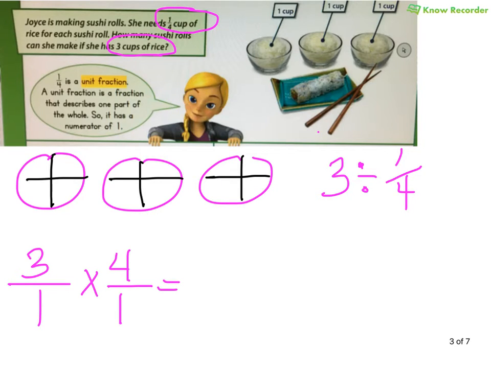So if I have 3 cups, and in each cup I can get 4 rolls, I know that I'm going to be able to make 12 rolls of sushi. And that's over here. 1, 2, 3, 4, 5, 6, 7, 8, 9, 10, 11, 12. Delicious.